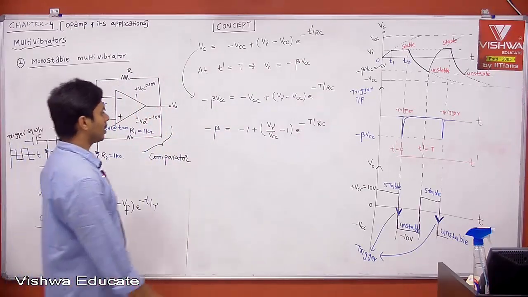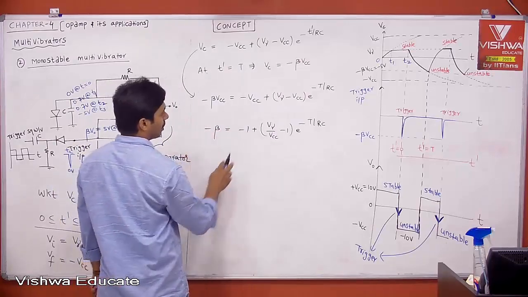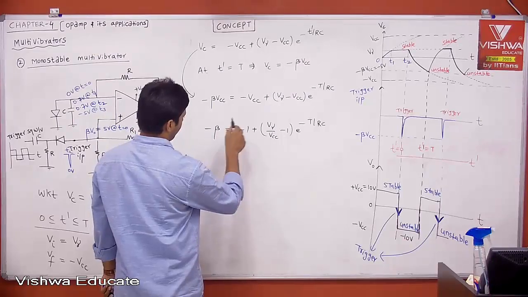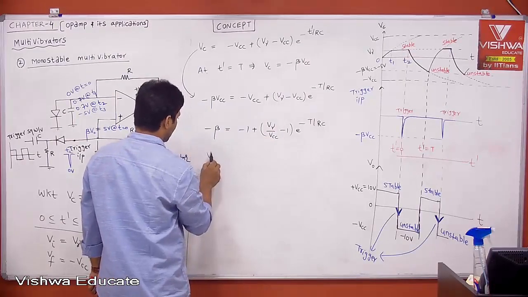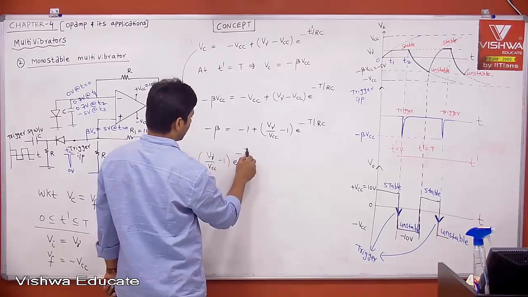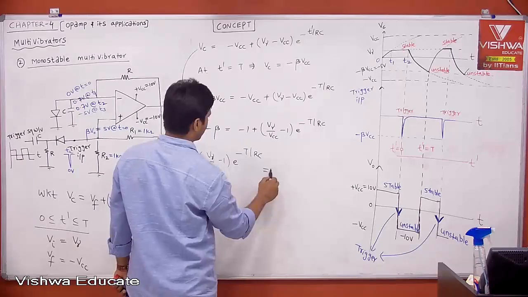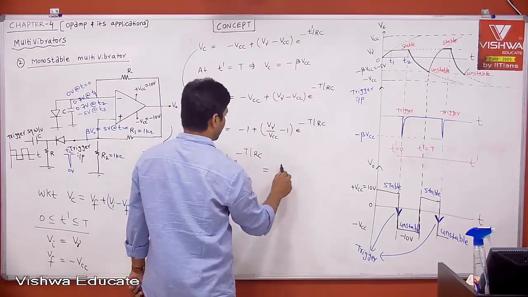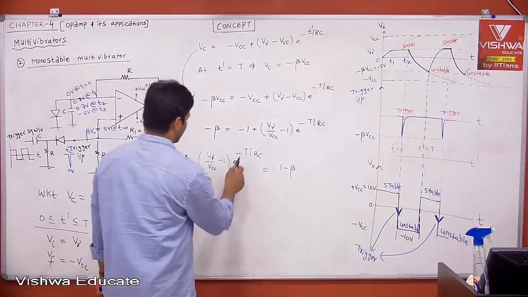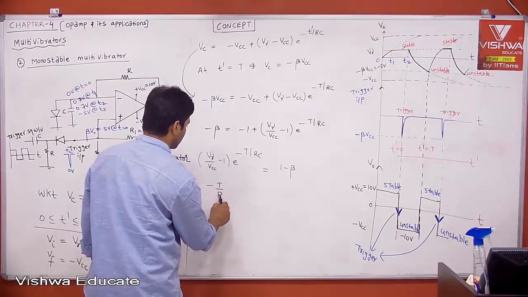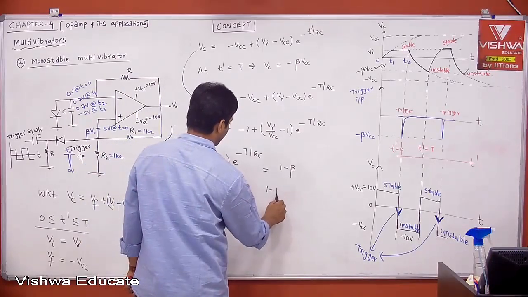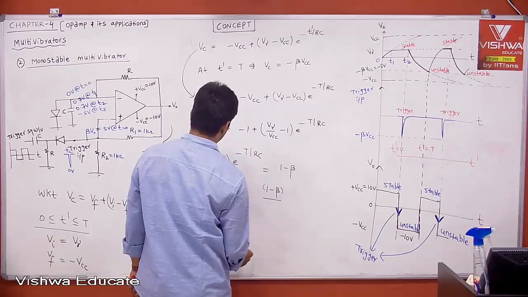Maybe you can take this minus 1 here, then 1 minus beta. Therefore, (V gamma divided by VCC minus 1) into e to the power of minus T by RC is equal to, keeping this as it is, if I take this side, this will become 1 minus beta.